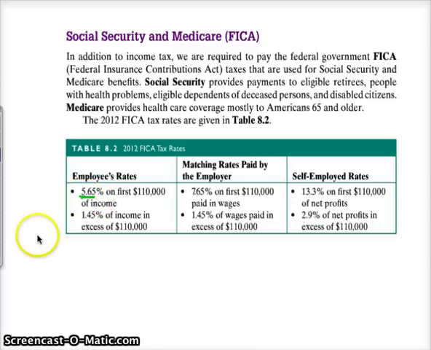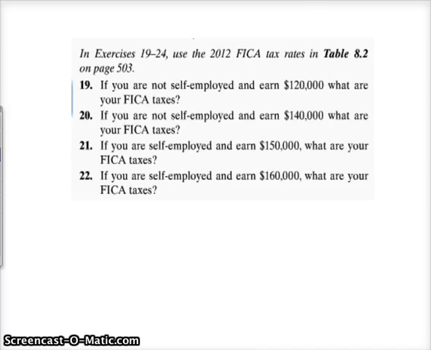That's how much you are paying for FICA on the first $110,000. And then over that amount, you're paying 1.45%. Does that make sense? And so what I want you to do is just copy the facts from the problem and then figure out the FICA tax. Maybe that'll help you out.